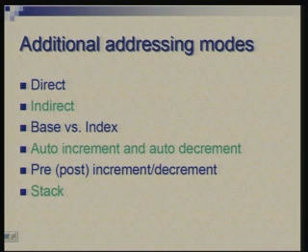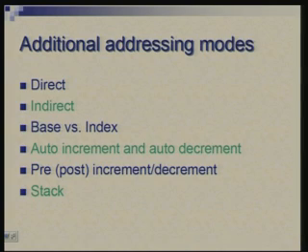Many times you perform a sequential access to data in the memory, either in increasing order of address or decreasing order. So, when you have a register which is providing the address, it may be natural to automatically increment or decrement the address. This could be done by a mode called auto increment or auto decrement.